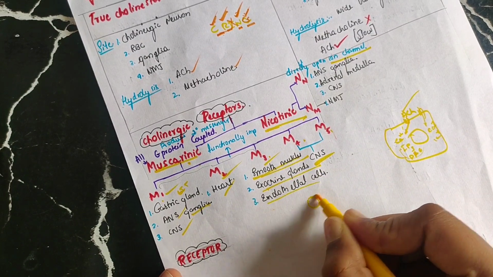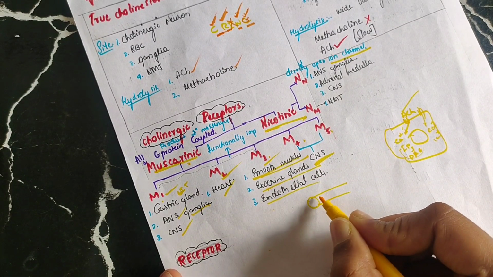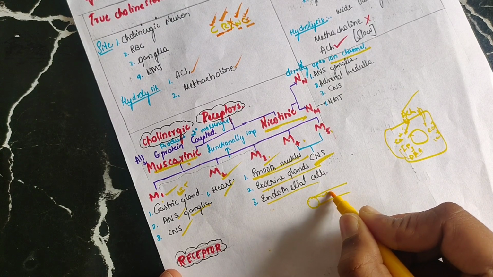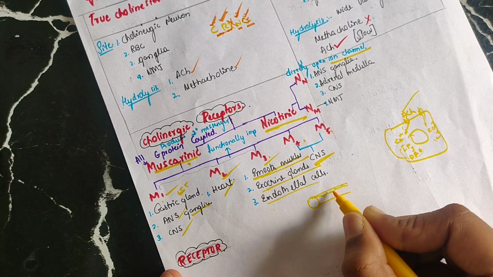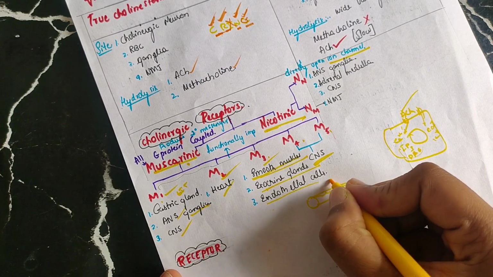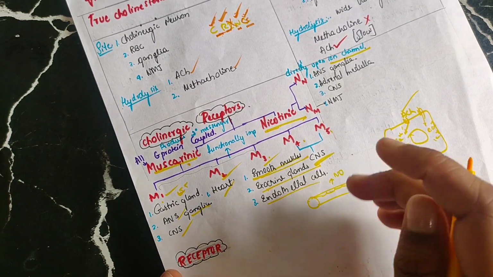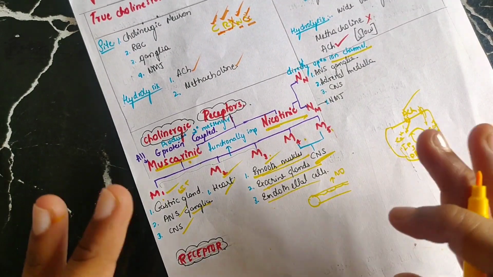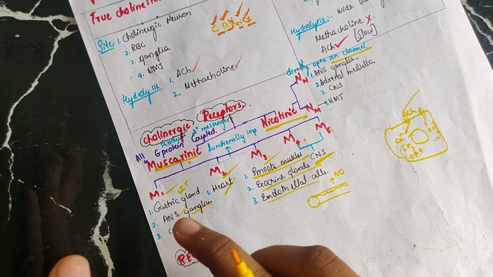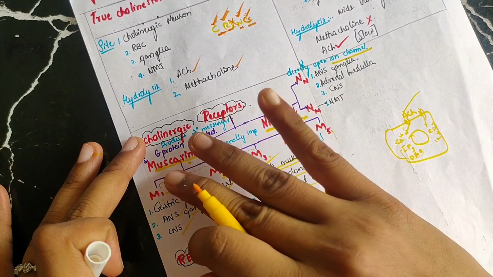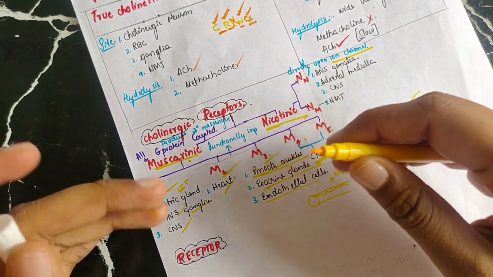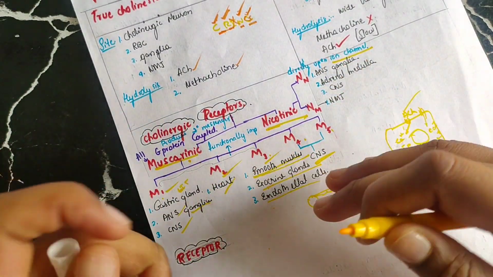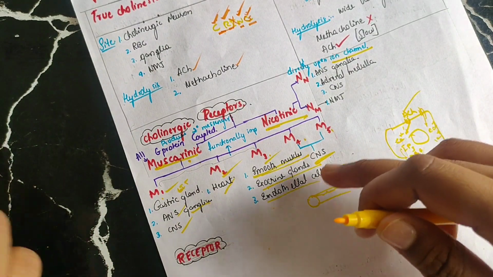Blood vessels have endothelial cells, the lining epithelium of blood vessels. Endothelial cells further secrete nitric oxide. These receptors are present in the blood vessels. So M2 only in the heart, M1 in CNS, autonomic ganglion and gastric glands, whereas M3 in all the smooth muscles except GIT, and then exocrine glands and endothelial cells.